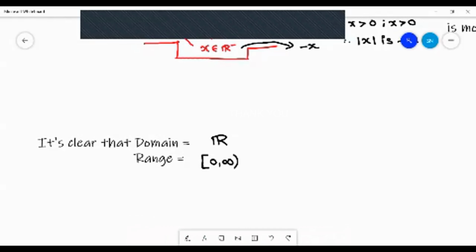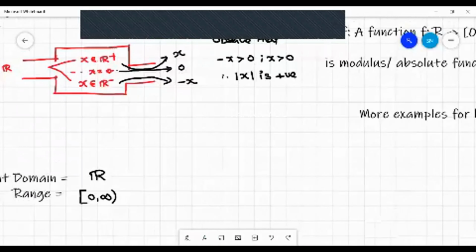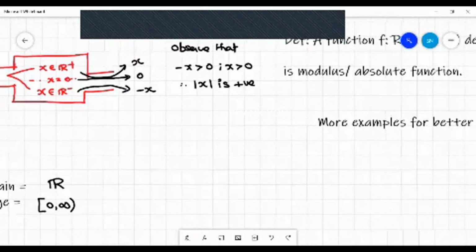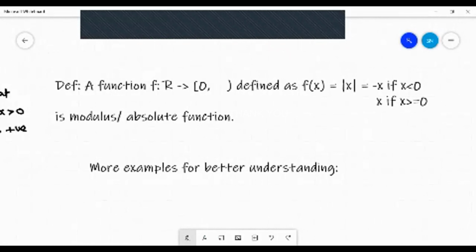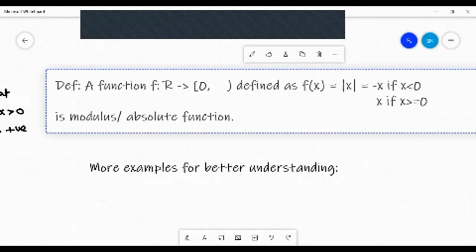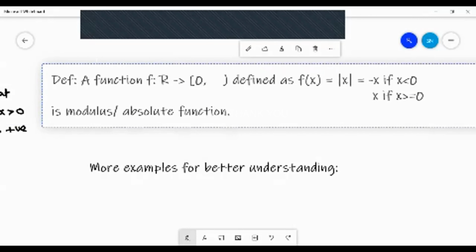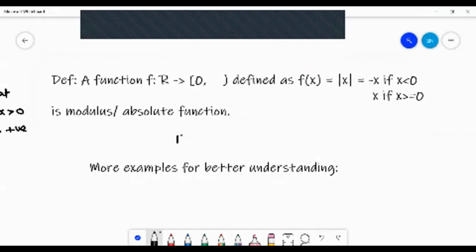From this, we can define it mathematically as a function f mapping from the set of real numbers R to the closed interval 0 to infinity.